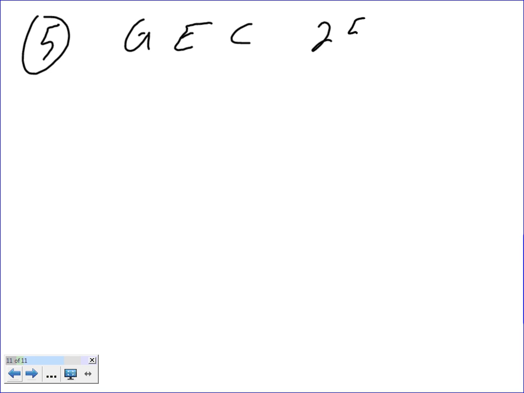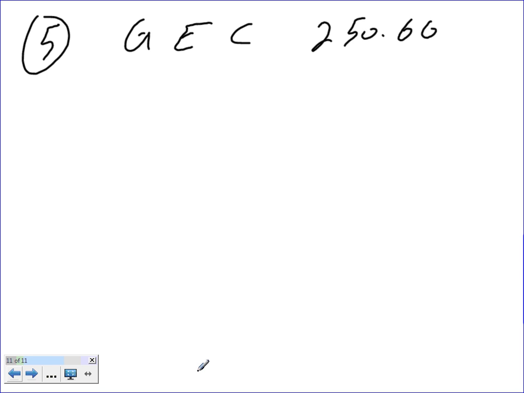Okay, number 5. Number 5, my friend, what was number 5? Grounding electrode conductor. We know where to find these: 250.66. Okay, grounding electrode conductor. It says you do the following. How many sets do I have? 4.